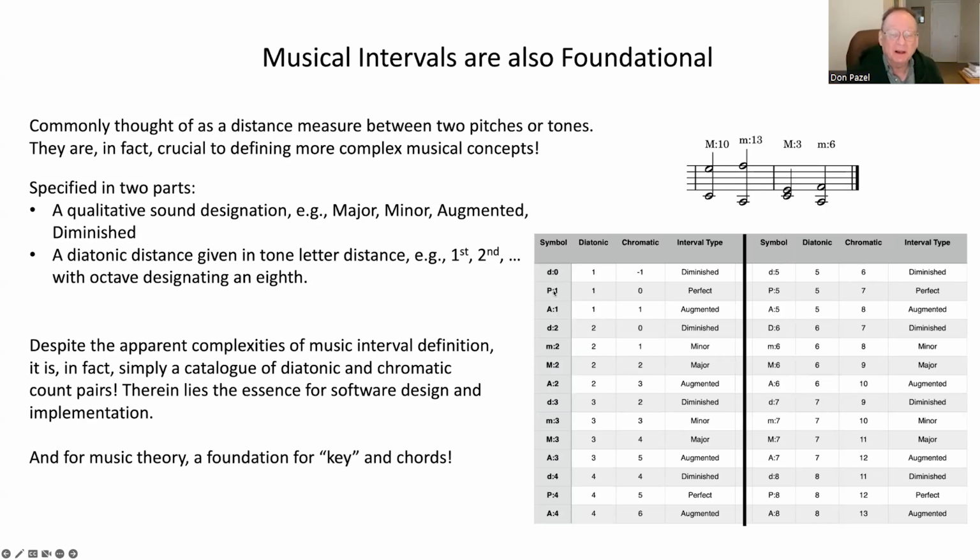And so every interval that's mentioned here and here can be represented as a pair of numbers, the number of letter changes between the two notes, and the number of, I'll use the term that's used, half steps between the two notes.